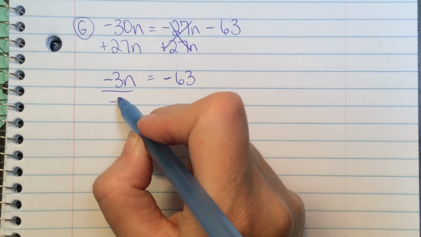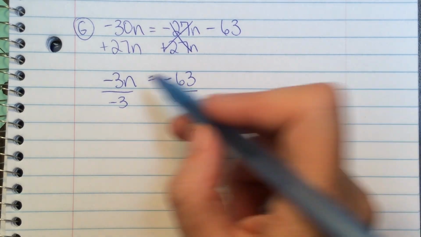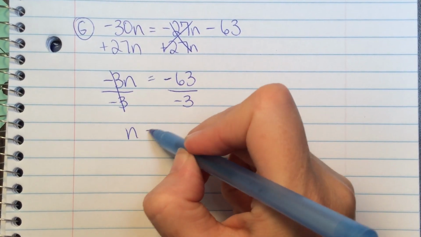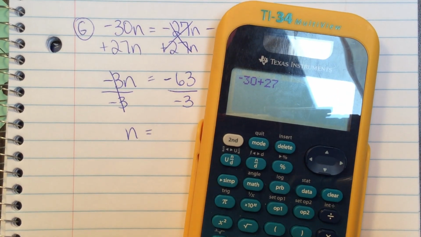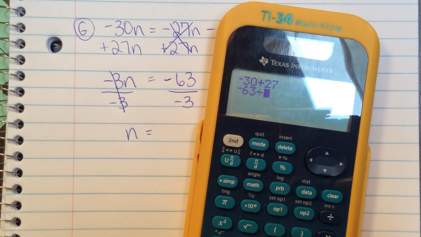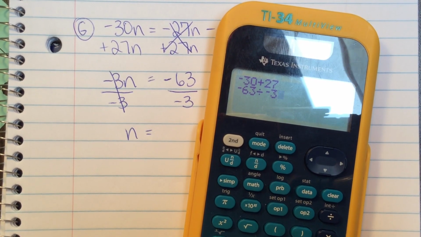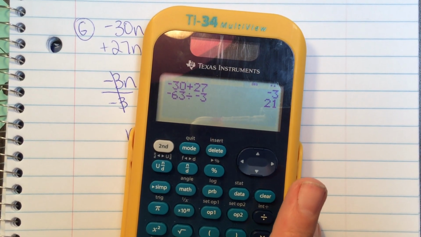Now I'm going to divide by negative 3. These will cancel. And now in my calculator, I'm going to take negative 63 and I'm going to divide it by negative 3. I'm going to hit enter and I get positive 21.